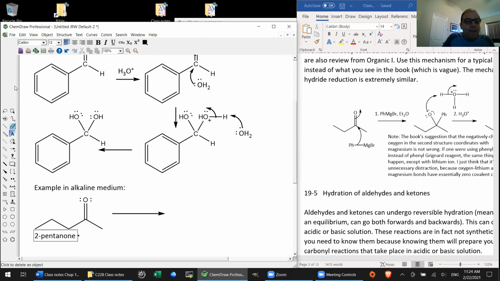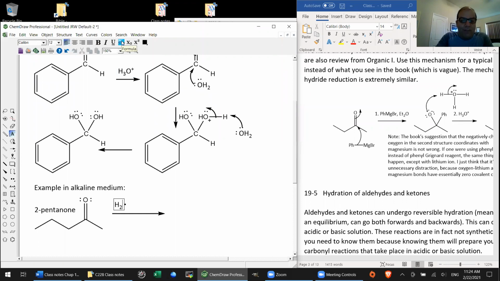If you can name any of the other functional groups we've covered already, I don't think that name will surprise anyone here. Good. So right, because it's in the second carbon, we got 5 carbons total. Totally logical name. Good. This time though, let's use an alkaline medium.